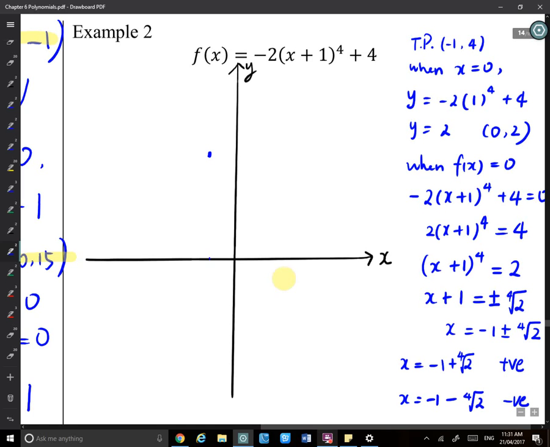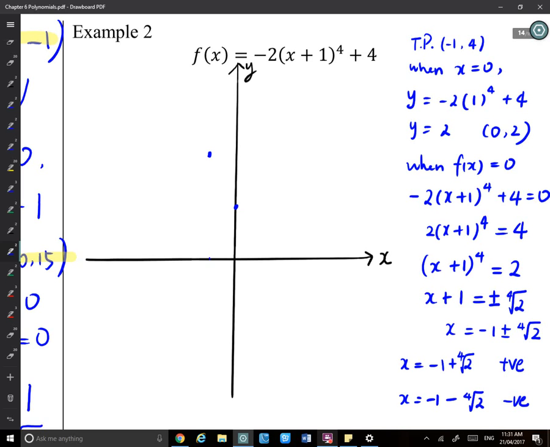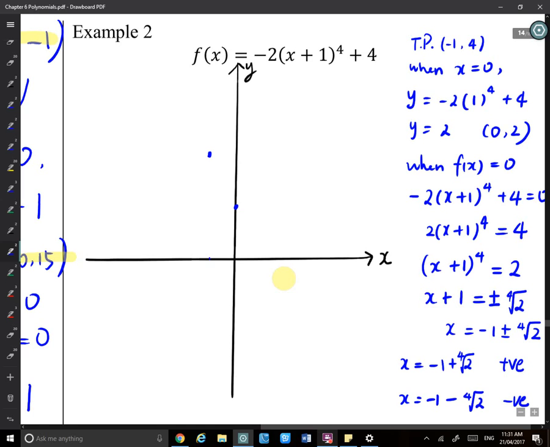Have (0, 2). Okay, you have those two points.